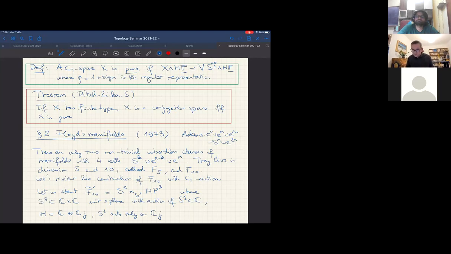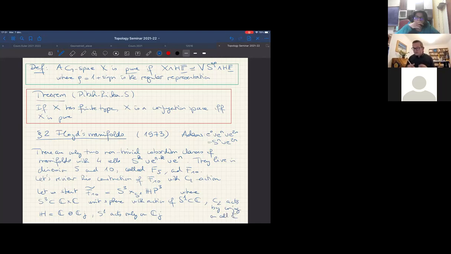times HP3. So that's the S1 action, but now I'd like this to be a C2 space. So C2 acts by conjugation on all copies of C you can see here.